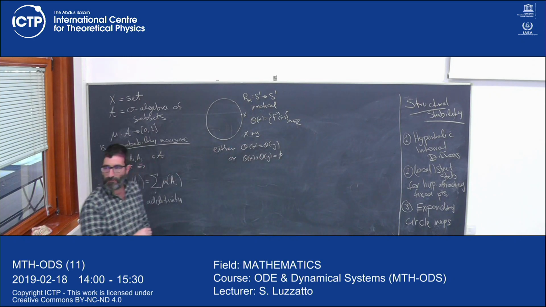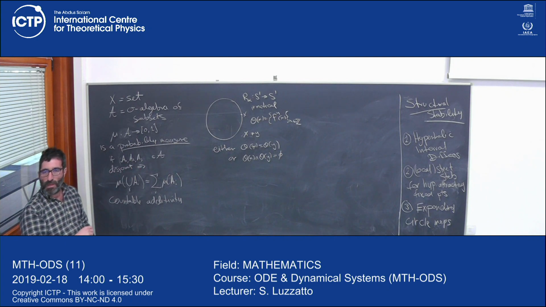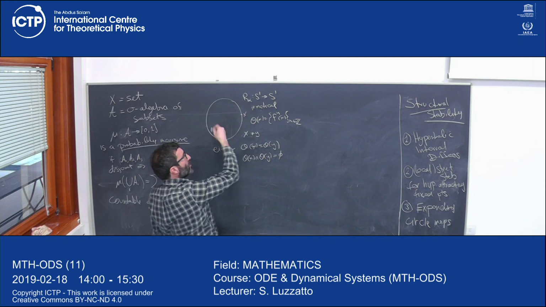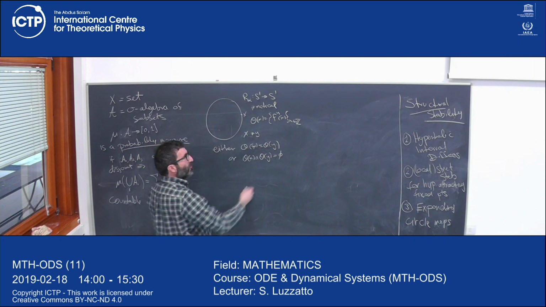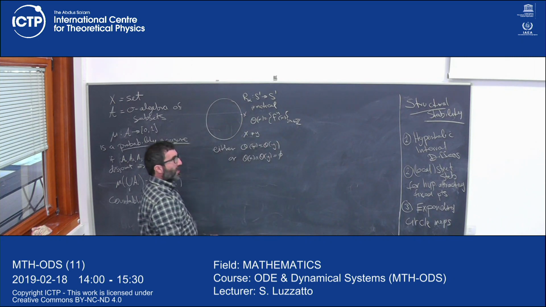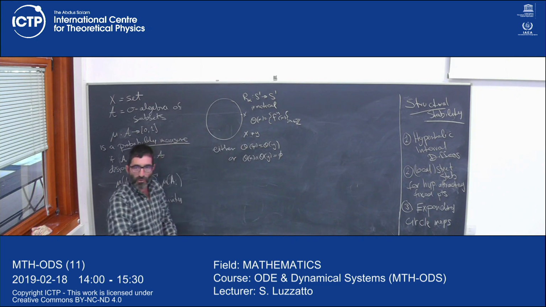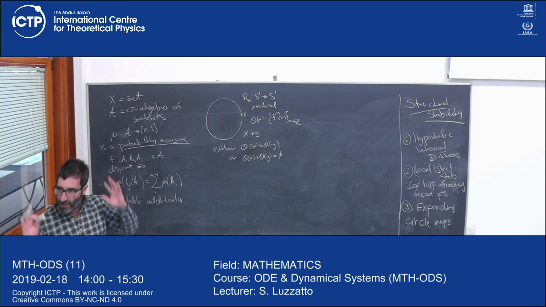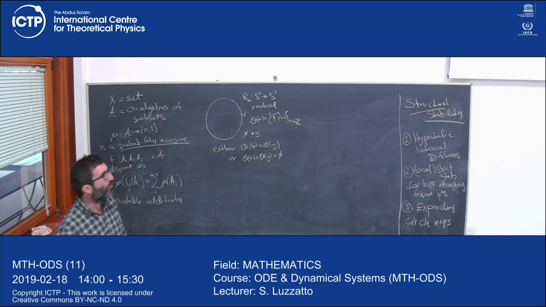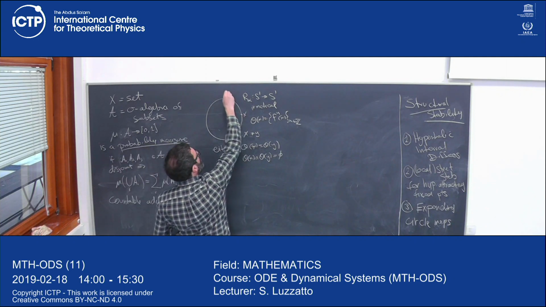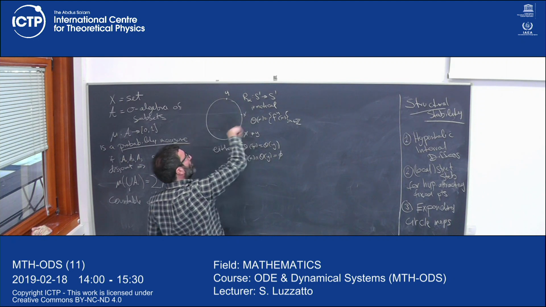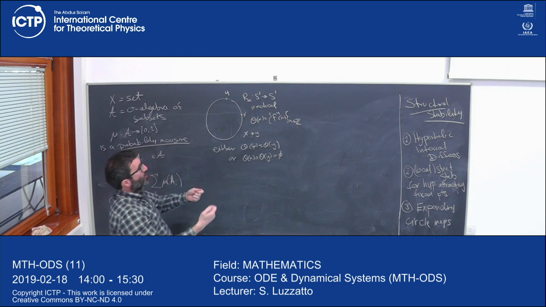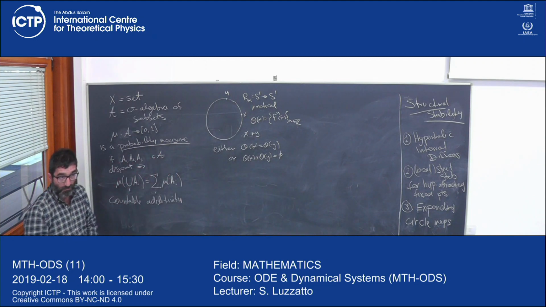You agree with this? Because you look at all the forward images and all the backward images. If you take a point that is on the orbit, then its own orbit would be exactly the same; you just take a different starting point. So any two orbits are either equal or disjoint sets.